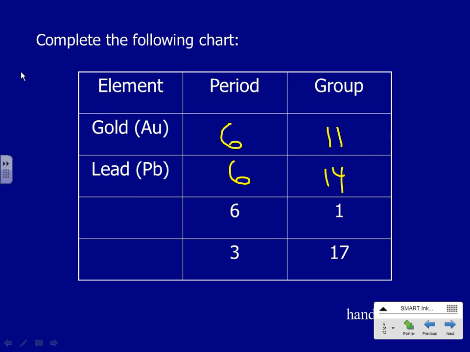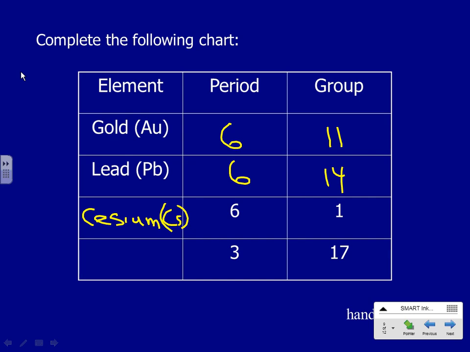What's the symbol? Yeah, cesium, Cs. Wouldn't hurt for you guys to print out that table, but that's okay.